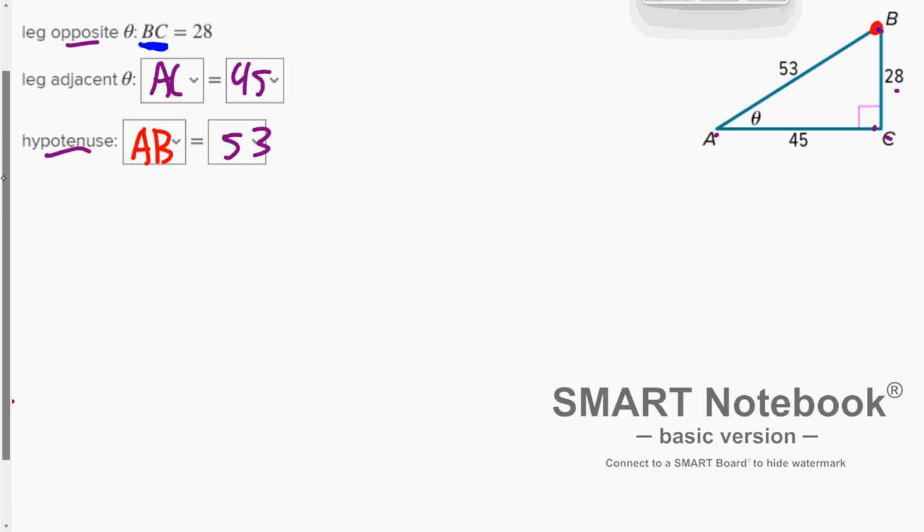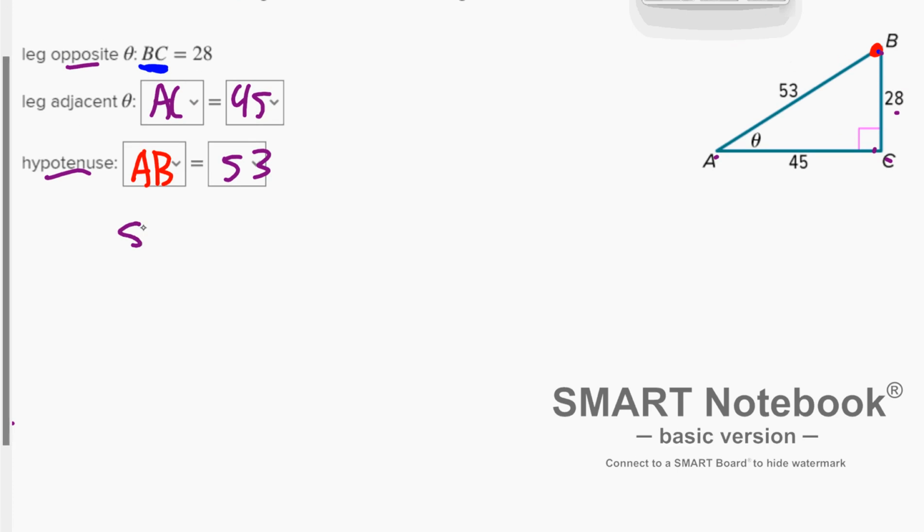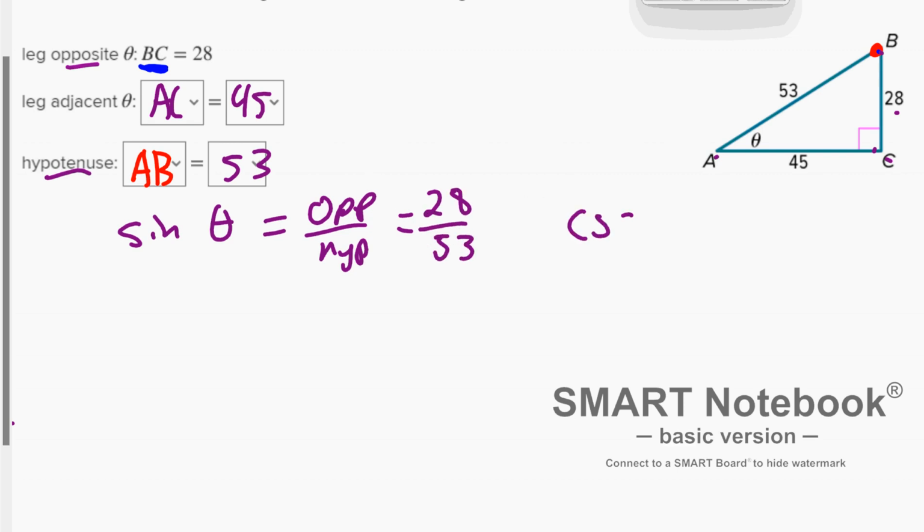Sine of our angle, it's always of an angle, is opposite over hypotenuse, so opposite 28 over hypotenuse 53. Its reciprocal, cosecant of the same angle, equals 53 over 28. We can just leave these as fractions; we don't have to do decimals.